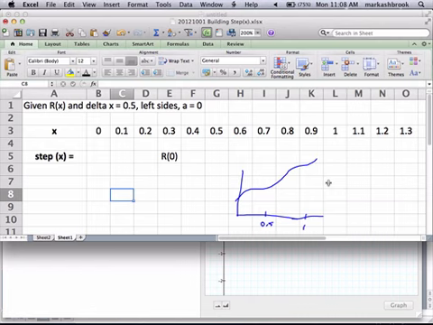Now, if delta x is 0.5 and a equals 0, and I'm using left sides, can you imagine what the approximating rate function will look like?